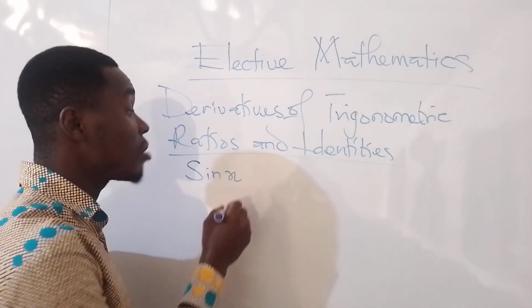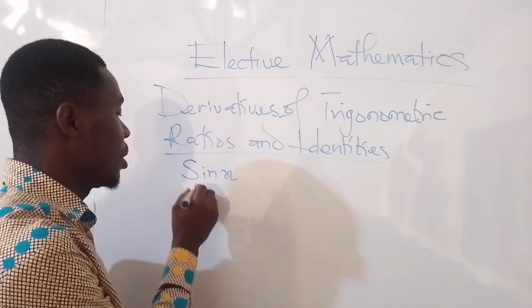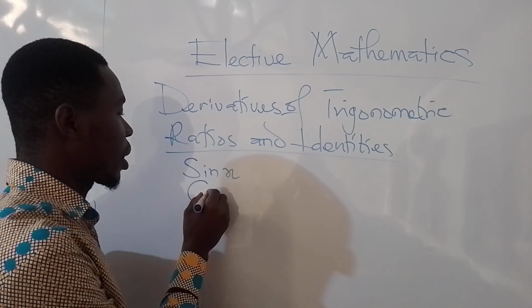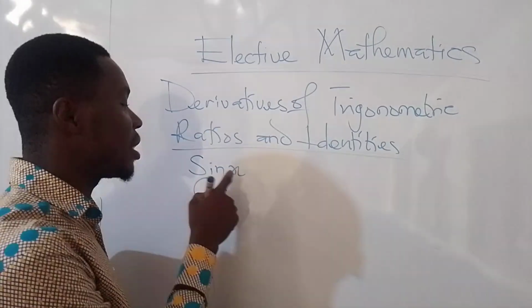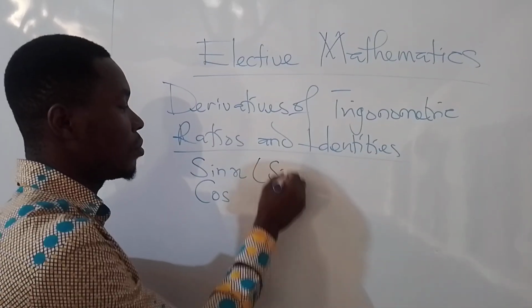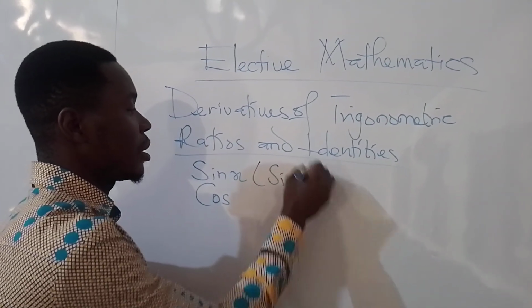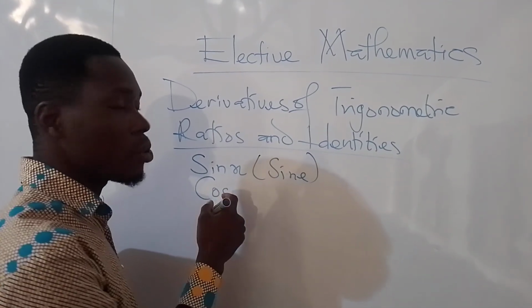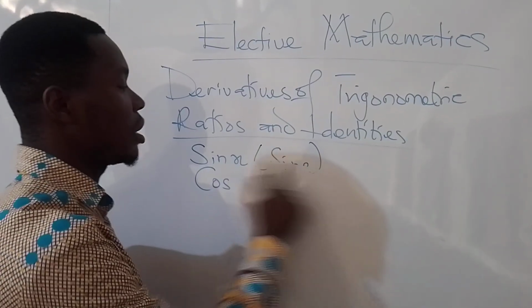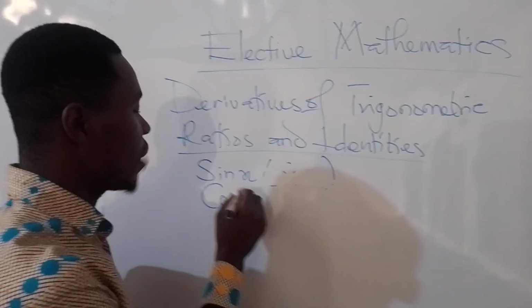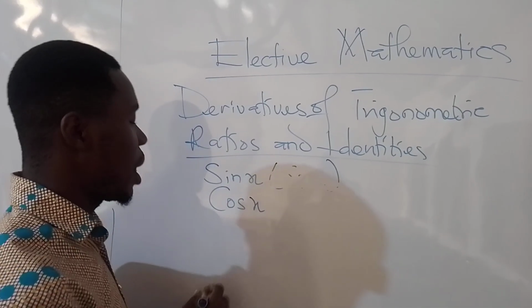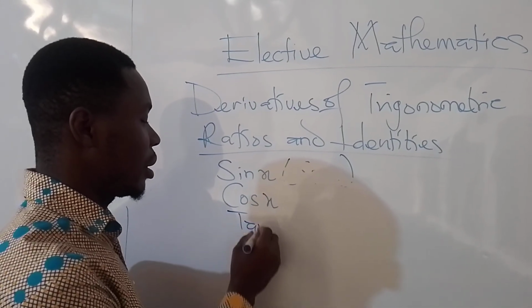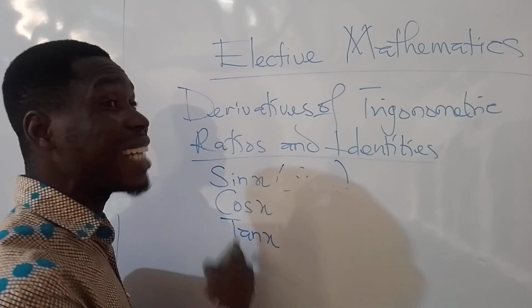We have the sine of x, or somebody can say sine theta. Then we also have cos, the cosine. So we have the cosine, but in a short form, the cos. Then we also have tan x, which we also call the tangent.